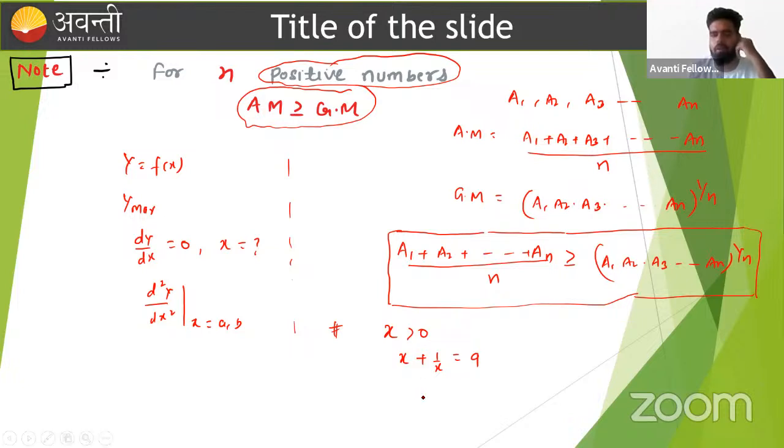Then we have to find the minimum value of x plus 1 upon x. What is the minimum value of x plus 1 upon x?